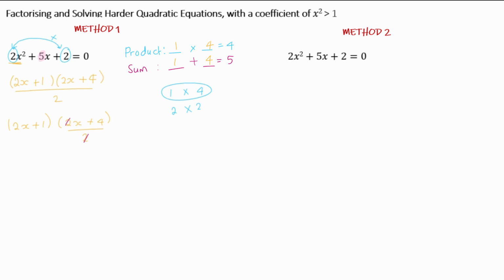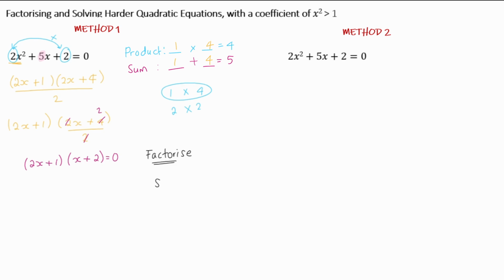So here 2 cancels out 2, and 4 divided by 2 gives us 2. So we are going to rewrite the second bracket. Our first bracket remains 2x plus 1, but now the second bracket becomes x plus 2, equal to 0. And here we have now factorized our quadratic equation.